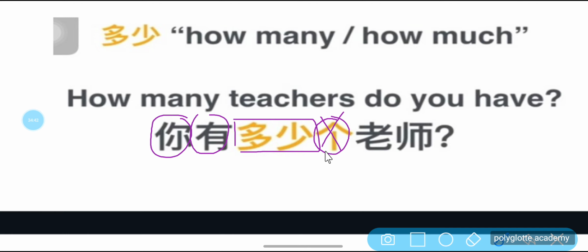For example, if I omit the measure word, I'll have 你有多少老师? How many teachers do you have? But if I put the measure word, I'll have 你有多少个老师? Very good. How many teachers do you have?